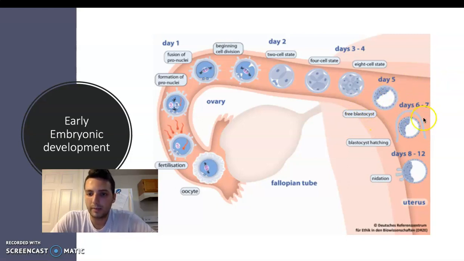Once this happens, within the next consecutive days, it will shed what is called the zona pellucida, and be able to implant itself into the endometrium of the uterine wall. From there, the phases of embryonic development will happen, and then it will become a fetus, until it is a baby ready to be born.